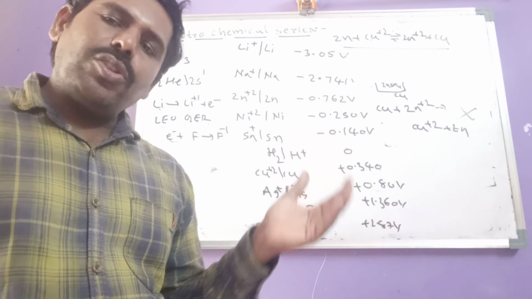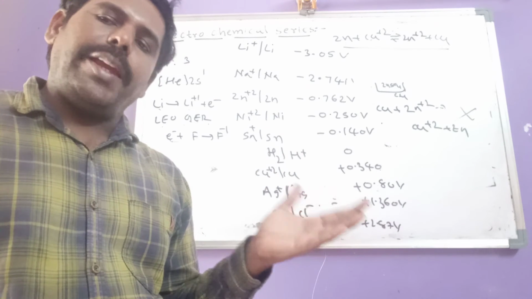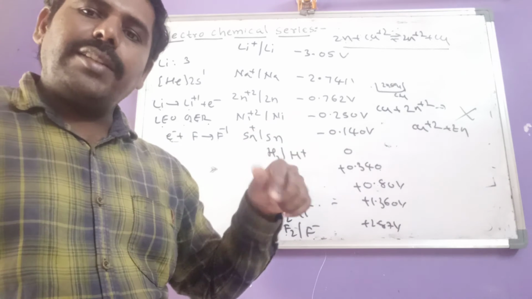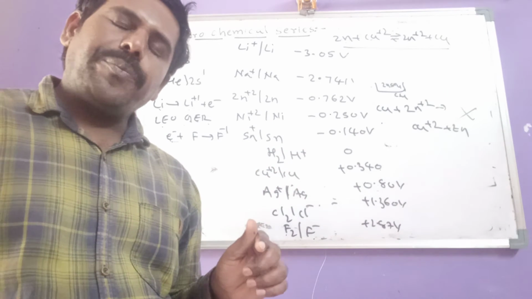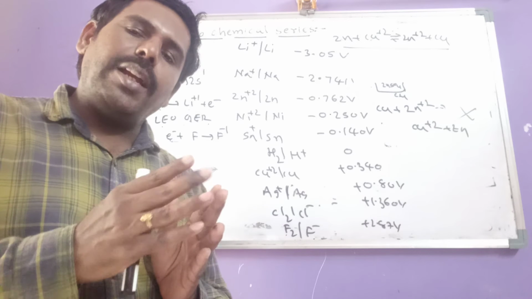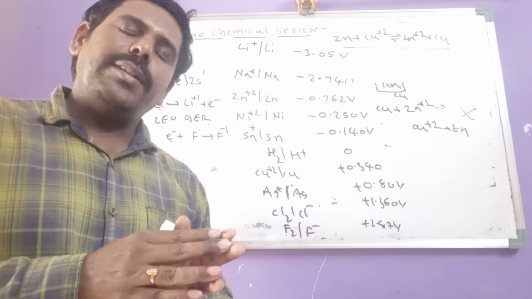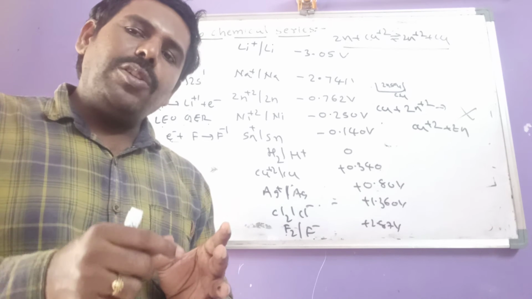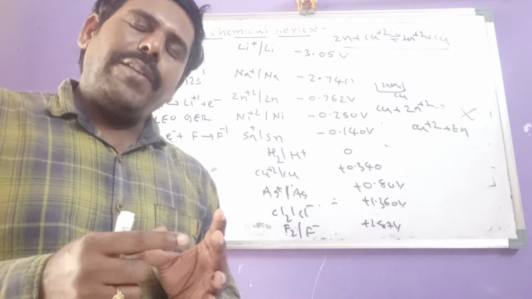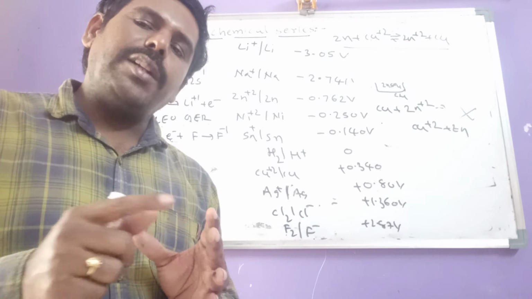The same question they give in another way. If you want to stir the zinc sulfate solution, is it better to use a spoon made of copper? Is it possible to stir zinc sulfate solution with a copper spoon?